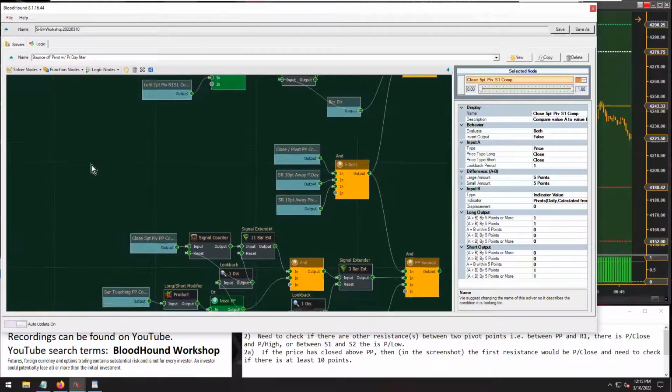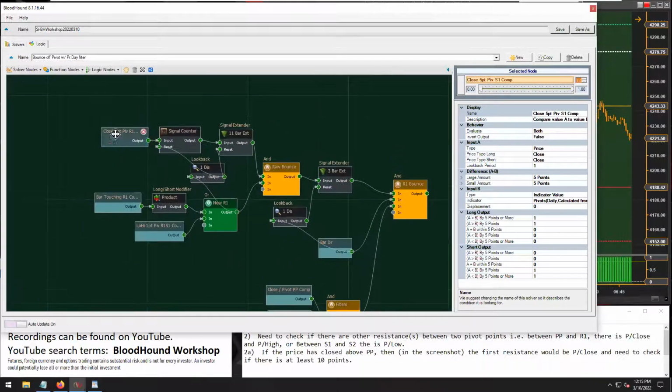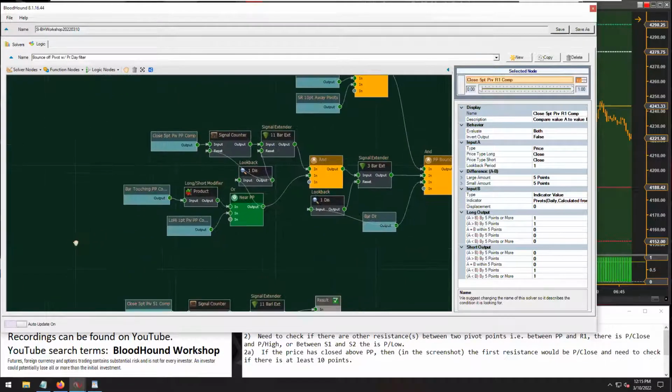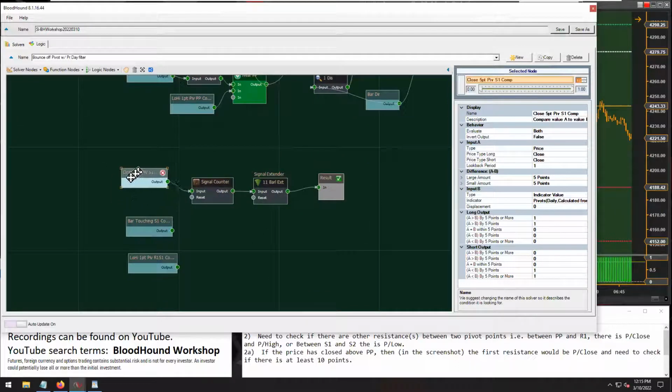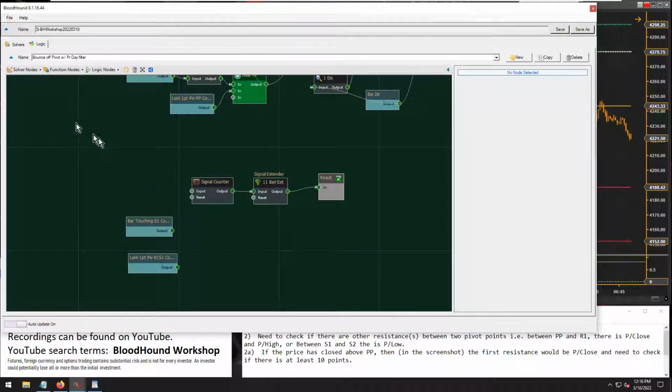Let's go back. Okay, so you know what? We actually don't need a separate solver here, so I'm going to get rid of that.